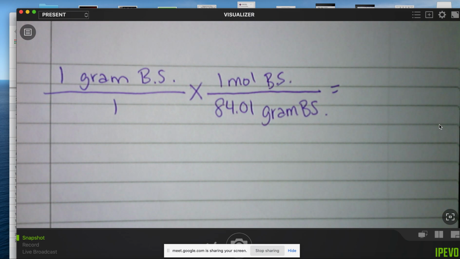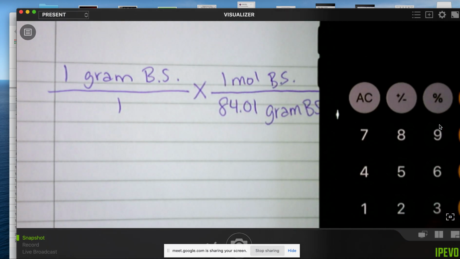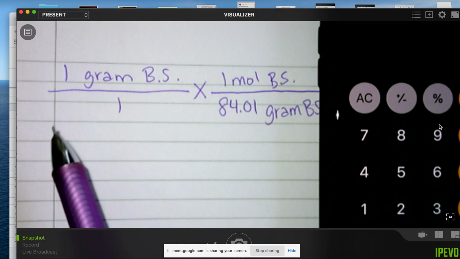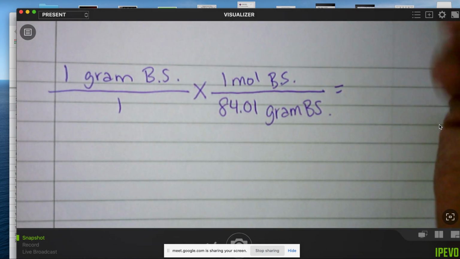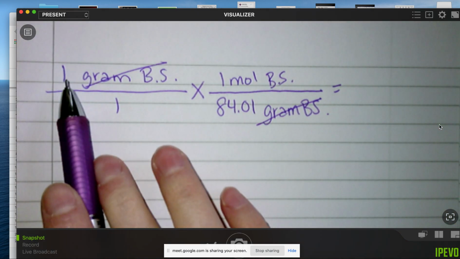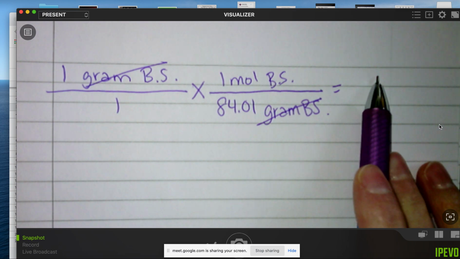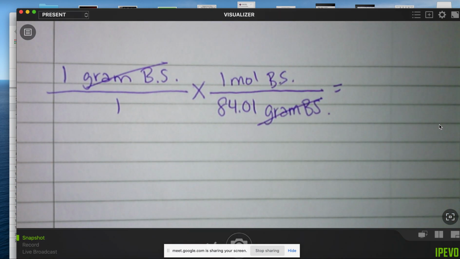Then I get out my calculator. You always multiply across, and then divide down. This becomes a lot more complex, so I'm going to solve the numerator, put an answer here, solve the denominator, put an answer here, and then divide. Even though we have a lot of ones here and you could probably do this in 1 step, I really want us to get in the habit of setting up our problems to allow for an increase in complexity.